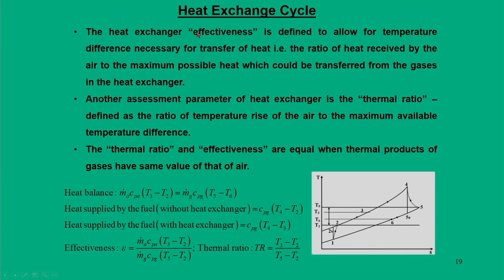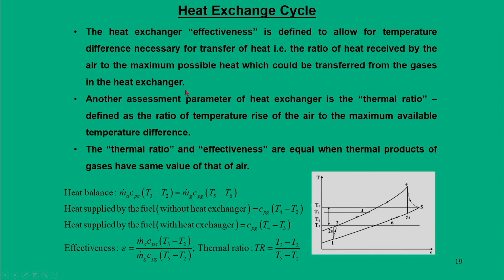To get a mathematical assessment, we define a parameter called heat exchanger effectiveness. It is defined to allow for the temperature difference necessary for transfer of heat, that is, the ratio of heat received by the air to the maximum possible heat which could be transferred from the gases in the heat exchanger.